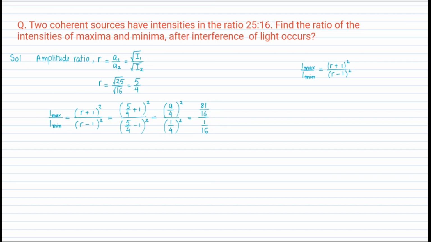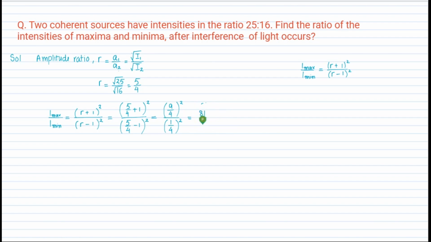So I can write this as 81 upon 16 multiplied by 16 divided by 1. This 16 and this 16 get cancelled. So what I am left with is 81 divided by 1.